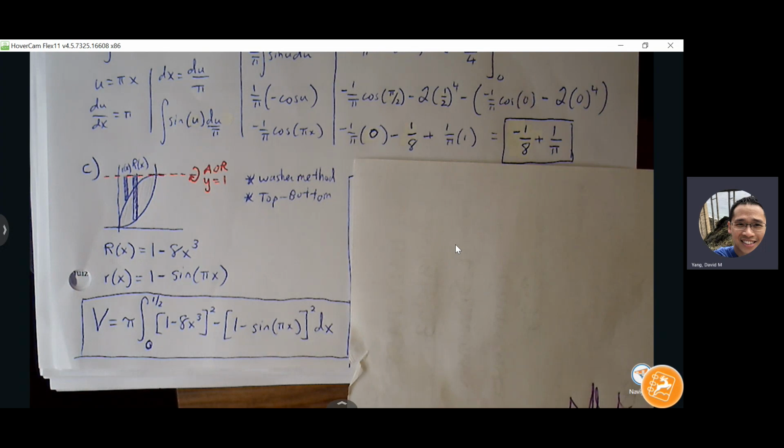So we do top minus bottom because we have a horizontal axis, and from the axis we extend to the two boundaries of our shaded region, and then we do top minus bottom for both. The nice thing about top minus bottom is that we don't have to worry about rearranging the equation. The equations are usually set up for us, and then the bounds are in terms of x, so we go from 0 to 1/2.